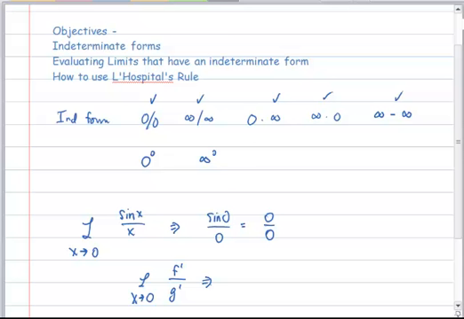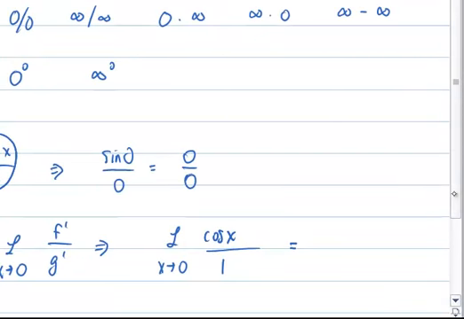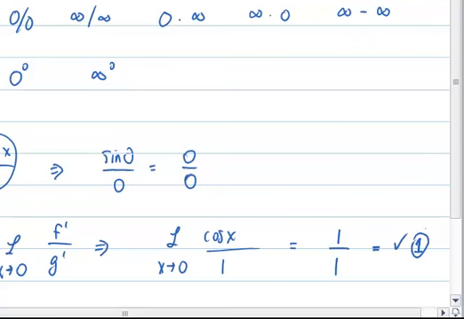So if we do that, we simply reapply the limit, but instead of doing it on sine of x over x, we will do it over the derivative of sine of x, which is cosine of x over 1. When we evaluate the limit, we end up getting the quantity 1 over 1, and we're done with evaluating the limit because this equals the value of 1.